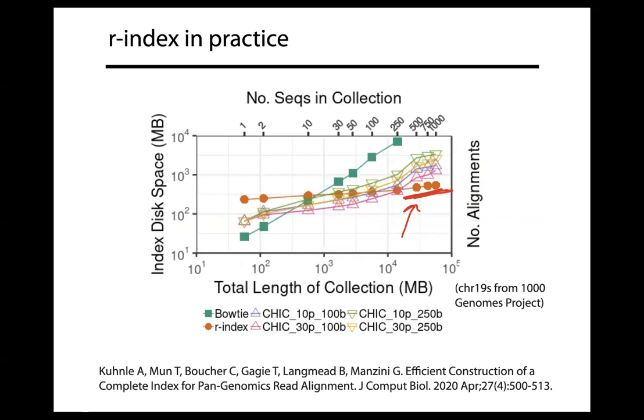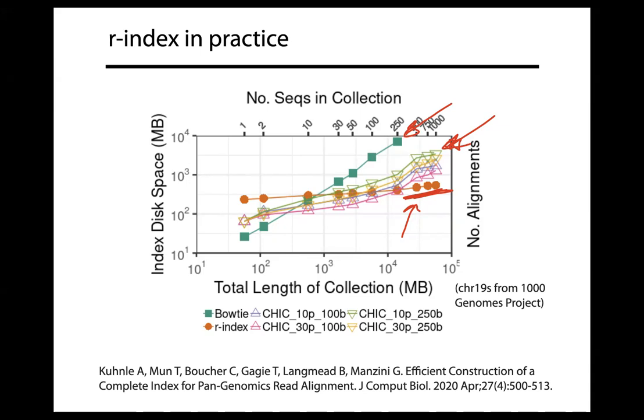This is a logarithmic scale on the vertical axis. This is a competing compressed index that is not terribly practical, but anyway, we won eventually competing against that. And then this is Bowtie, which just completely falls off the table after a while, right? Because its index is growing linearly, it has to give up much earlier in the game of trying to index this pan-genome. So this R-index was much more practical.